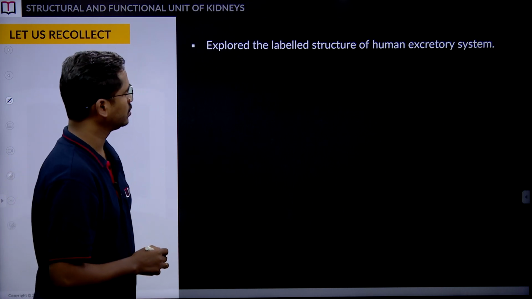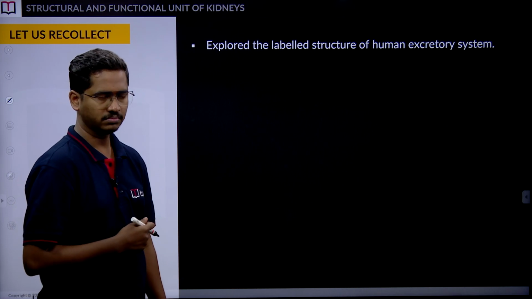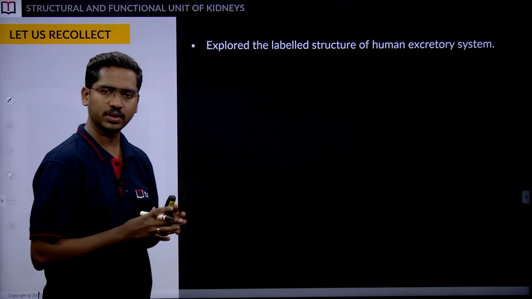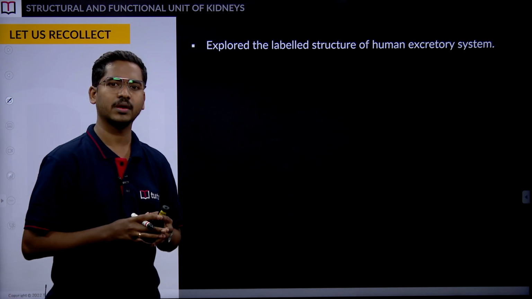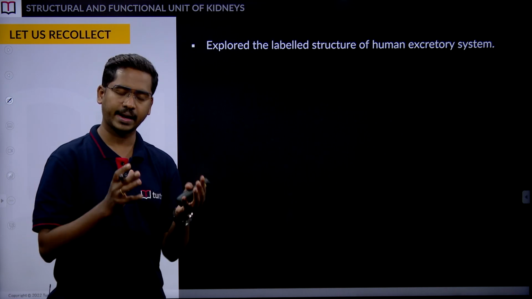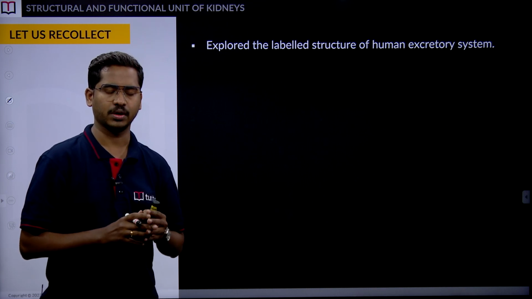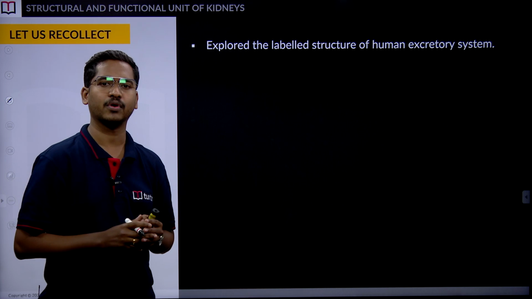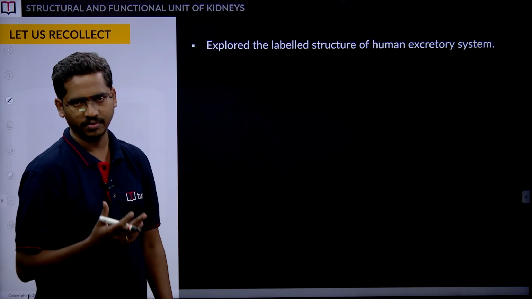In the previous session, we looked at the structure of the human excretory system, where we looked at a pair of kidneys, a pair of ureters, a bag-like structure called the urinary bladder, followed by the urethra. These were the parts we saw in the previous session.